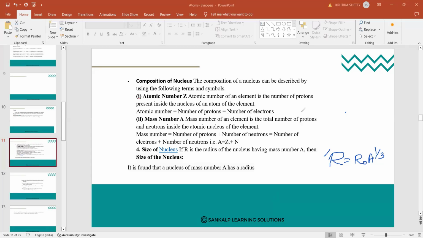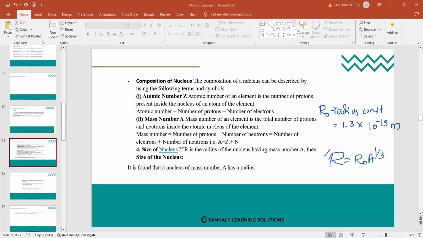What is R naught? R naught is the radius constant, and its value is 1.3 into 10 to the power of minus 15 meter. A is the mass number.